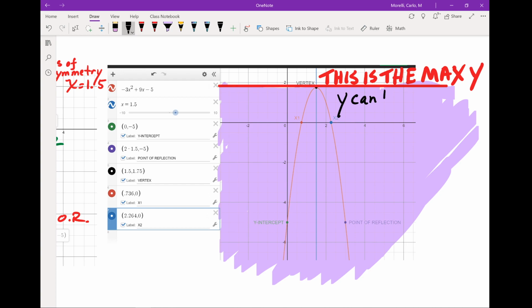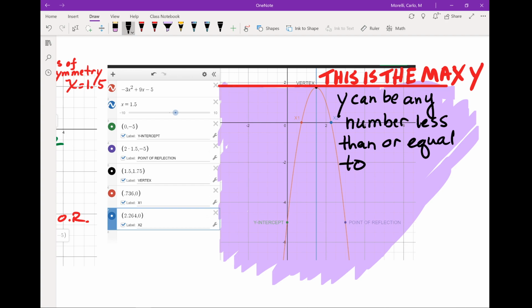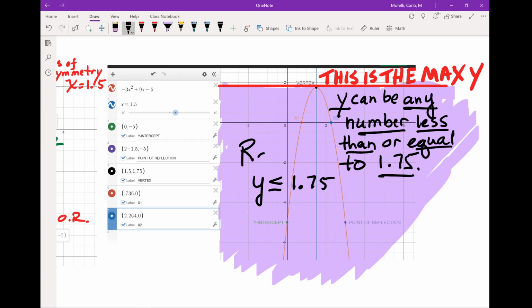Y can be any number less than or equal to the y value of the vertex, which is 1.75. So y can be any number less than or equal to 1.75. So let's write that out. So y is less than or equal to 1.75.